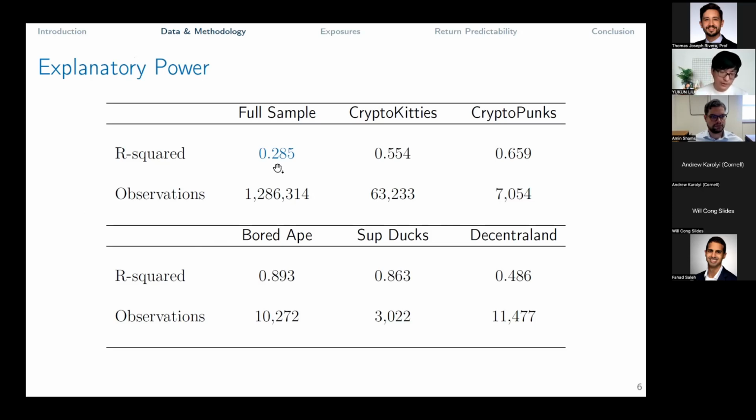So think about what this means: there is a large cross-section of different NFTs, hundreds of thousands of different NFT collections today. However, just one time series of price movements can already explain more than 30% of the return movements in the whole panel.